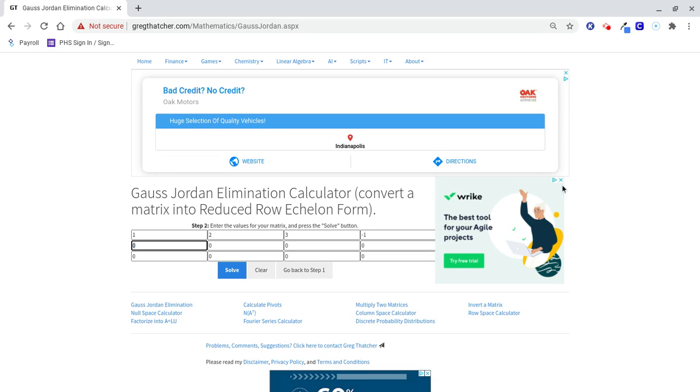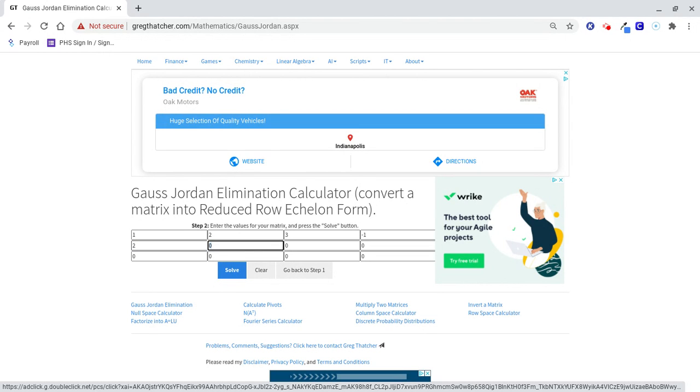I promise the numbers are under there. If you want to clear out that ad, you can. Okay, so I typed them in there. That ad's blocking some of them, but they're there.